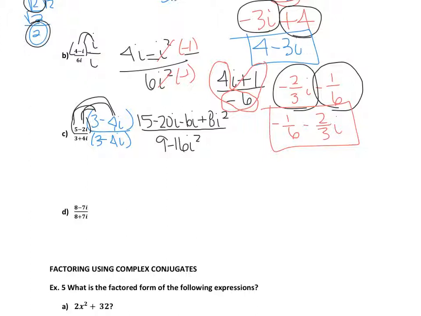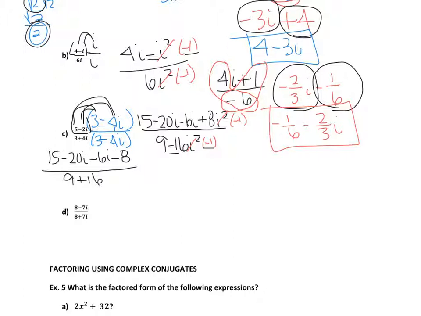I've got to combine like terms, but first I'm going to change my i squares into negative ones and go from there. So that's going to give me 15 minus 20i minus 6i minus 8 over 9 plus 16. That negative times the negative is going to make a positive.